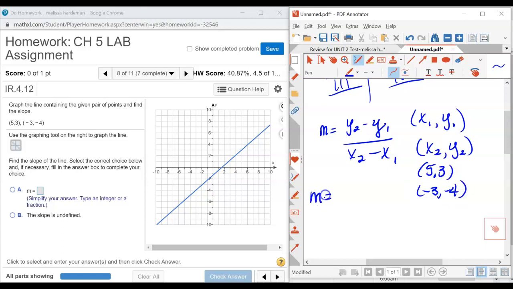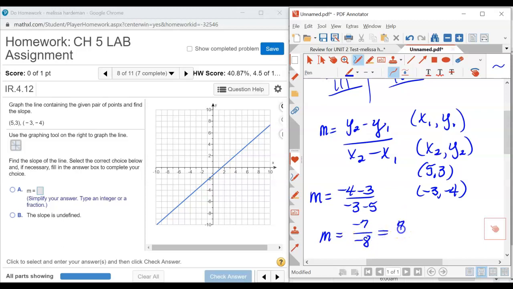If I want to find my slope, it'll be -4 minus 3 over -3 minus 5. What's that going to give me? Well, -4 minus 3 is a -7, and -3 minus 5 is a -8.